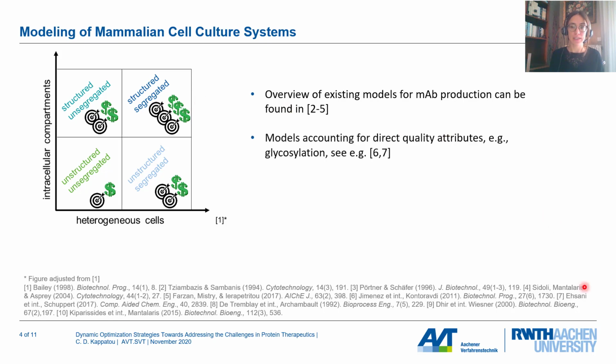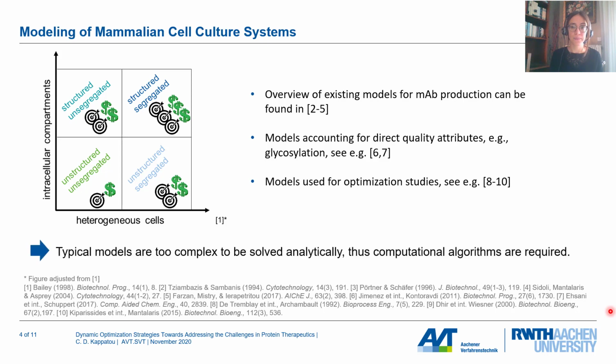Recently, also models that describe quality attributes such as glycosylation have been developed in the literature, and those models have been also used for optimization studies in order to improve the process performance. Of course, as most of these are too complex to be solved analytically, computational algorithms are required for this scope.